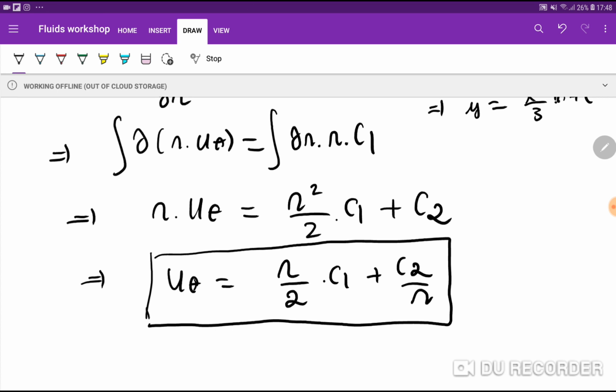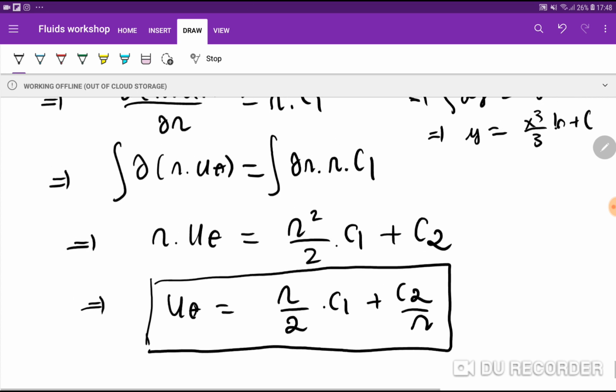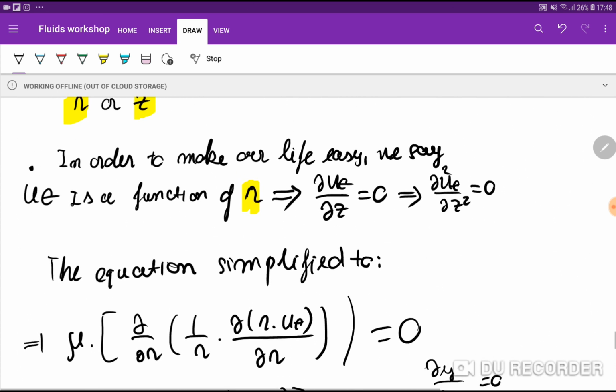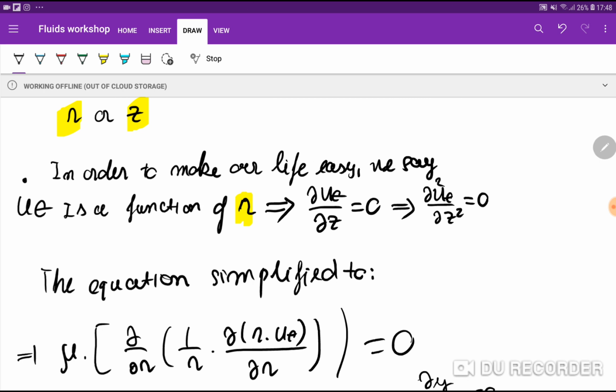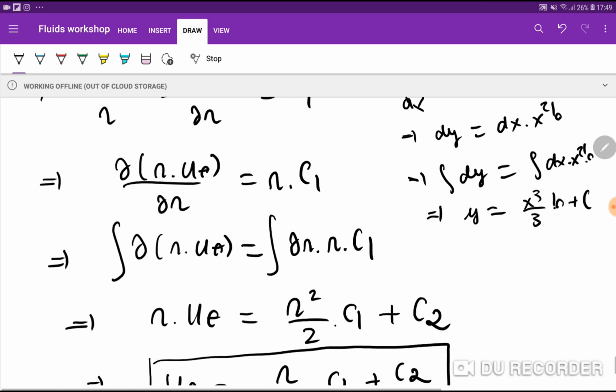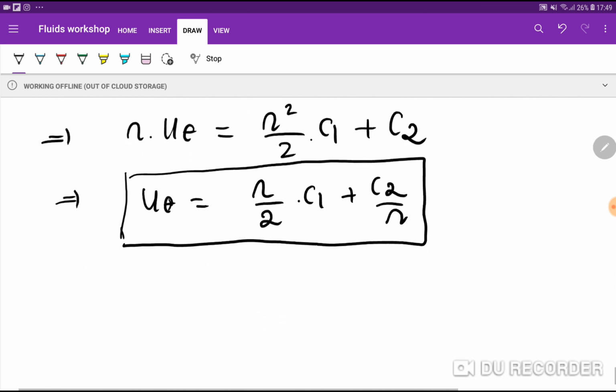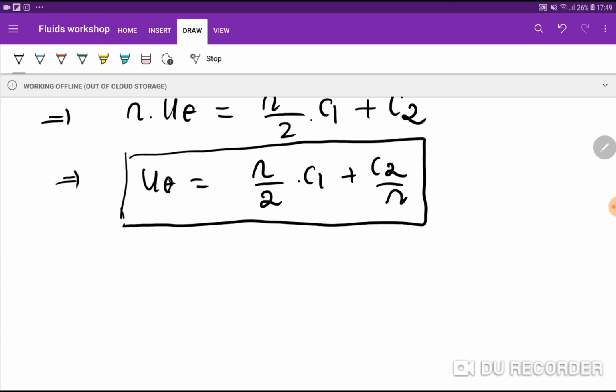And we have confirmed, this is a good confirmation, because you remember what we said earlier. We said u theta is a function of r, right? This is just logic. You state something is true, you say u theta is a function of r. Later on, after all the things you've been through, you get u theta is a function of r.